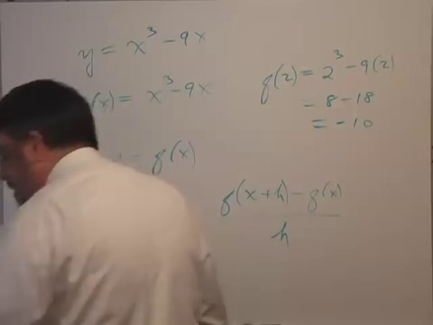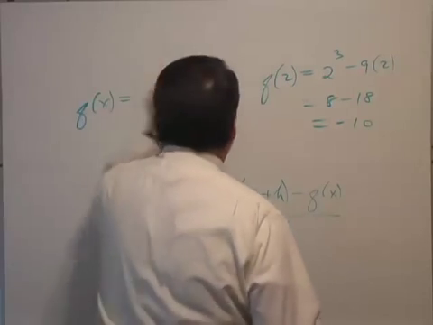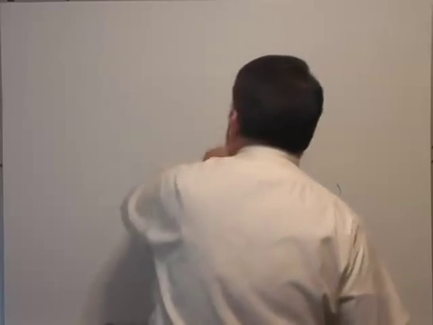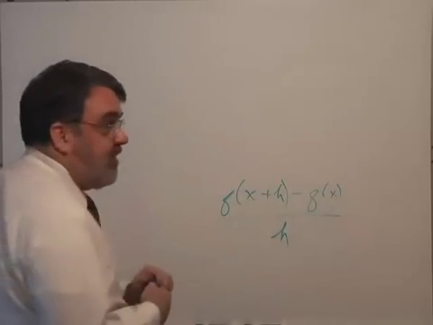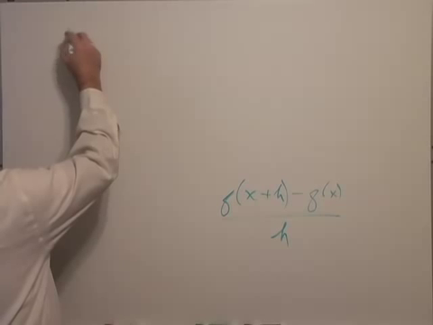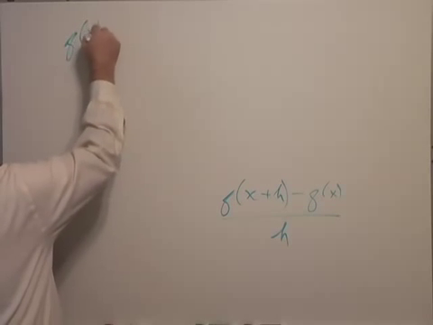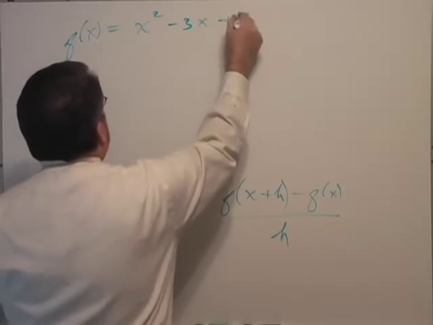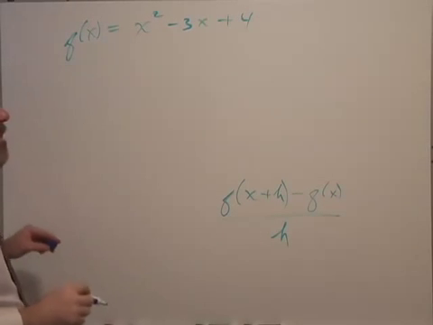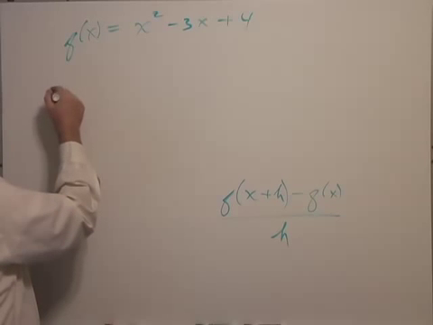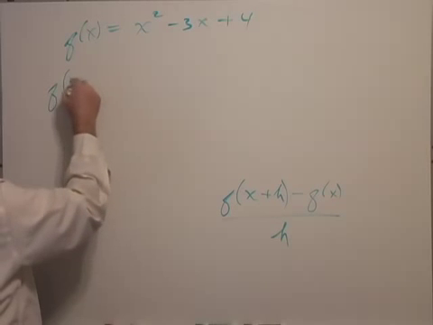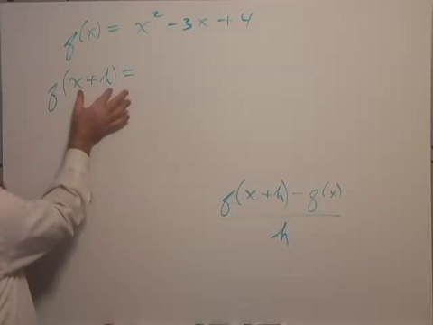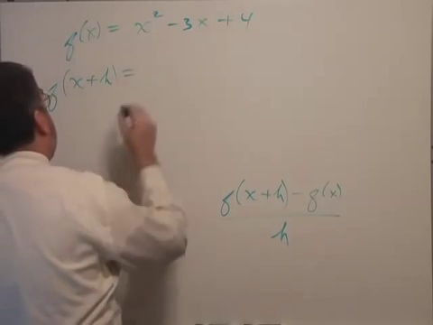So I'll give you a quick example of that, because we can work not with just ordinary numbers. We can work with symbols with this notation. So, for example, what if you have a function f of x equals x squared minus 3x plus 4? It's possible to ask this question, for example, what is f of x plus h, like I mentioned down here. Okay, so that means take this and replace the x's with it.